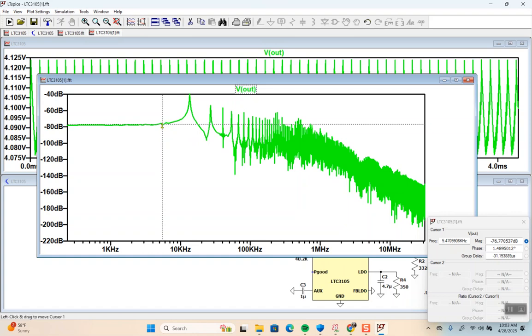But this is 40 dB above the signal, so I would want to make sure that wherever, so a first order filter, right? So that's 13 kilohertz.